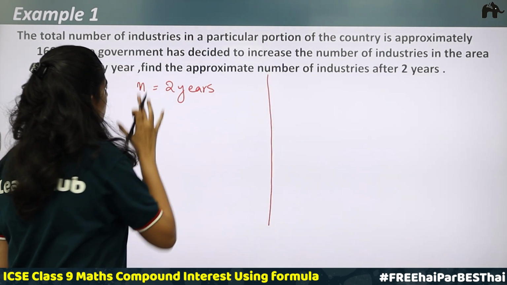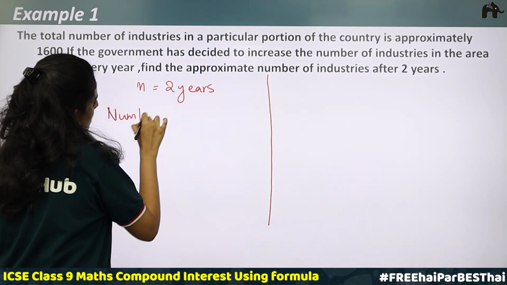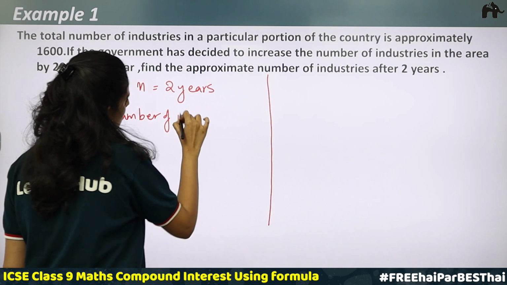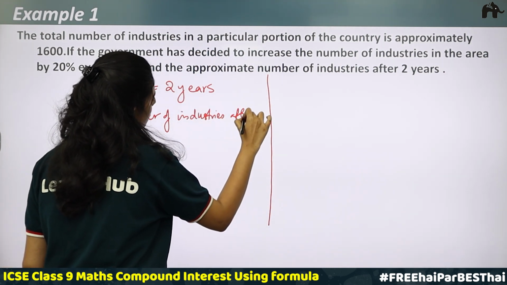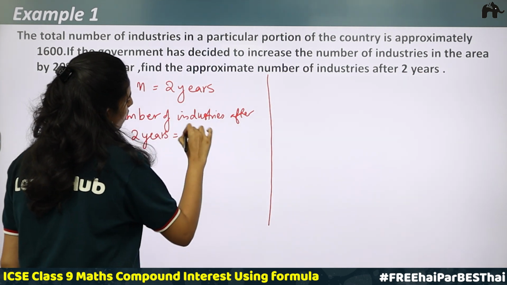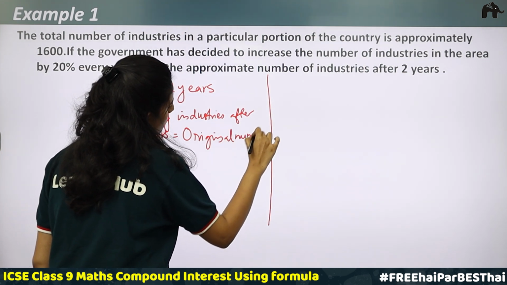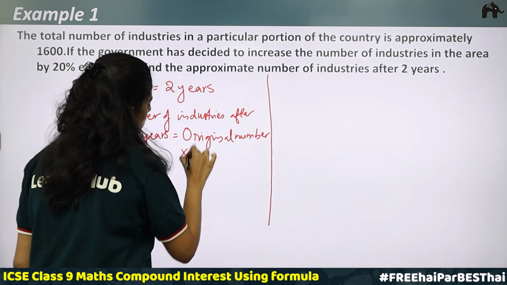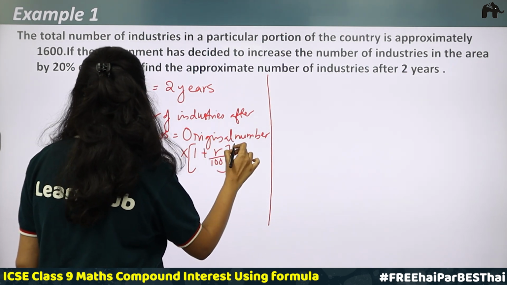So, how to find the number of industries? We'll have number of industries after 2 years equal to original number of industries into 1 plus R by 100 whole raised to N.